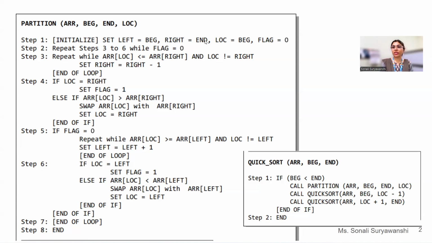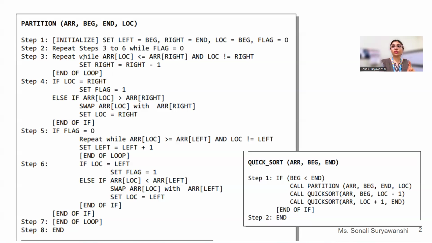Right, which is pointing to the end of the array. And then we have a LOC, which is our pivot element. We'll assume here that the very first element of any partition of the array that we are getting is the pivot element. And we are also using one flag variable, which is initially zero. We're going to repeat this process till our flag is zero. That means once the flag turns 1, we are supposed to stop the process.